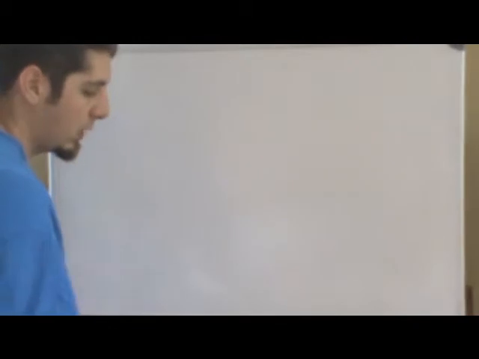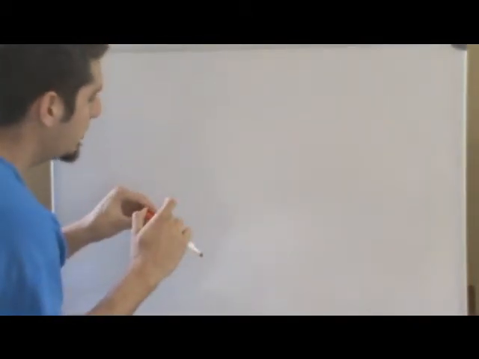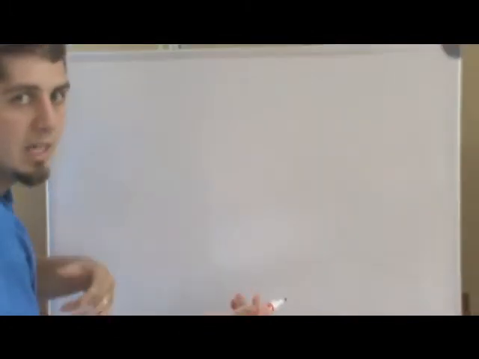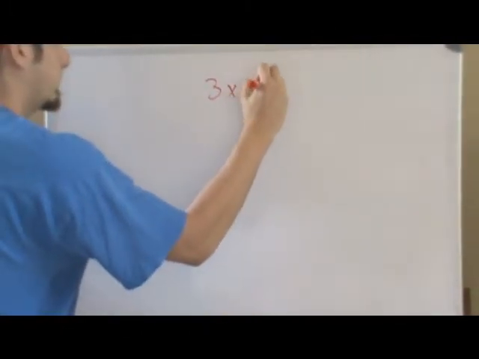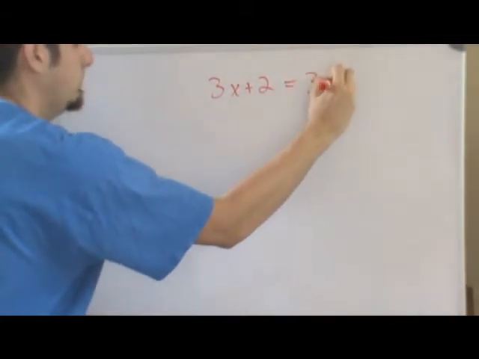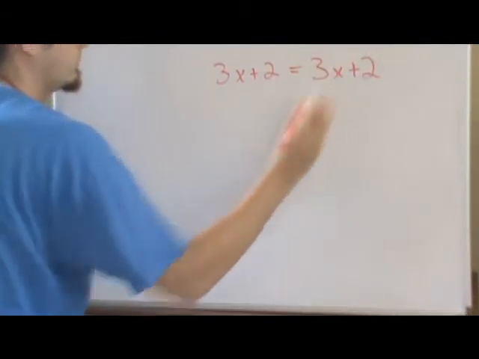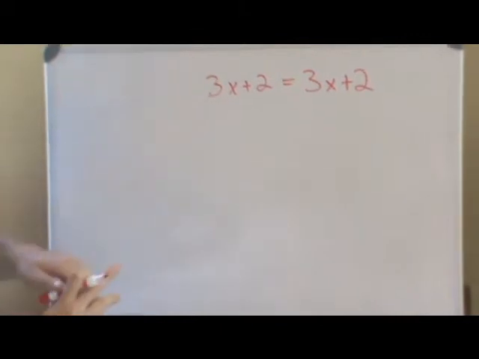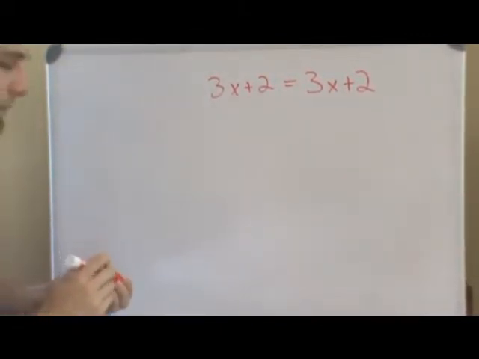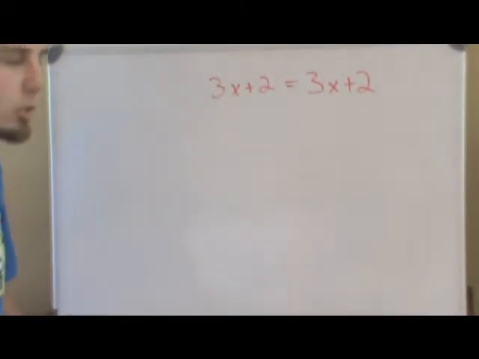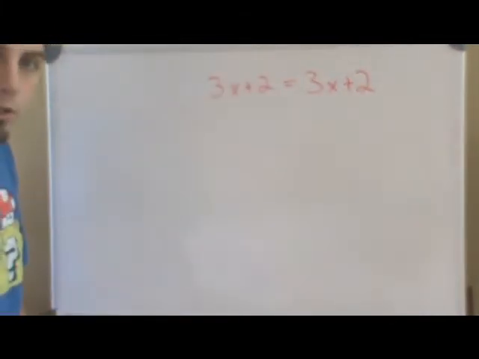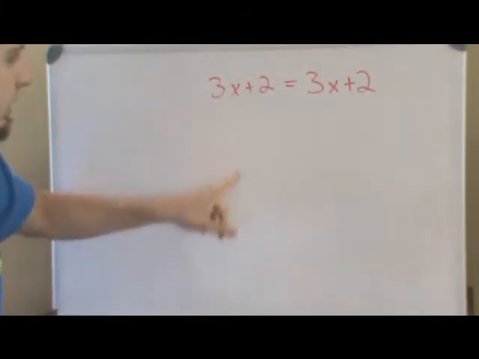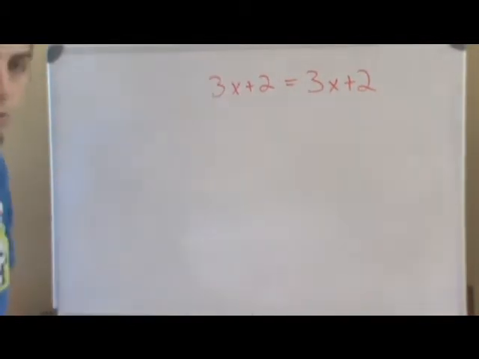Now, there are also equations that get you all numbers for a solution. That means you can plug in anything you want and it'll be true. For example, if the same thing is on both sides, you see the same exact numbers, same exact variables, same exact operations, then every single number in the world will work. I can plug in 2 here, I better get the same answer that I do over here as well.